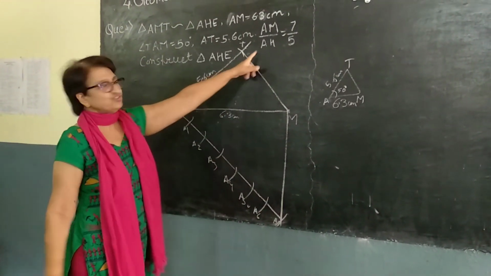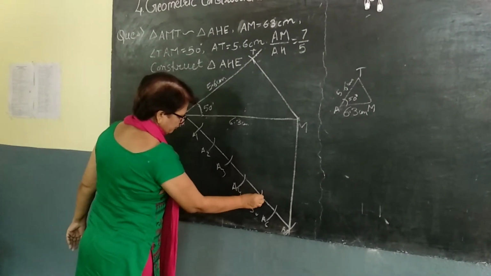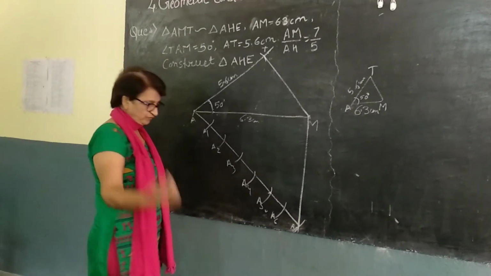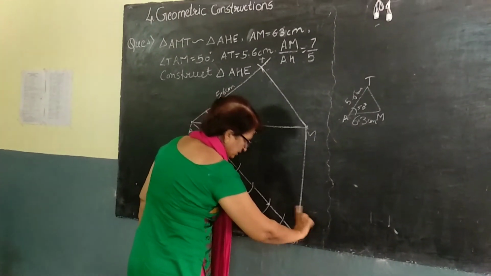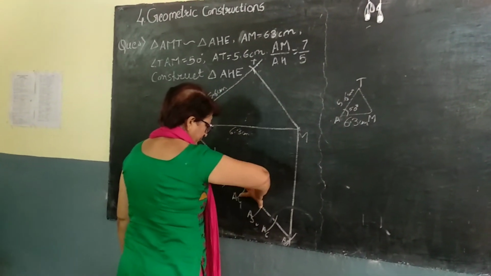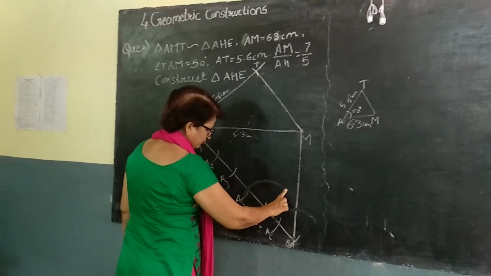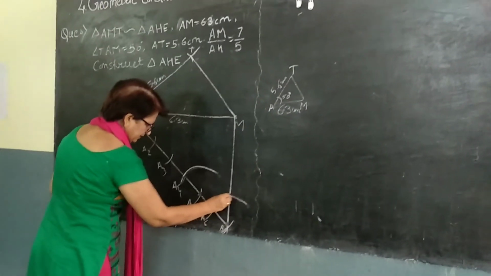Then AH is how much? 5. So which point is important for us? This point 5. Right? So what we are going to do? Again, put our compass point here, draw an arc, same distance, lift it from point A5, draw it. Okay? This is the one I get here, this is the one I get here.